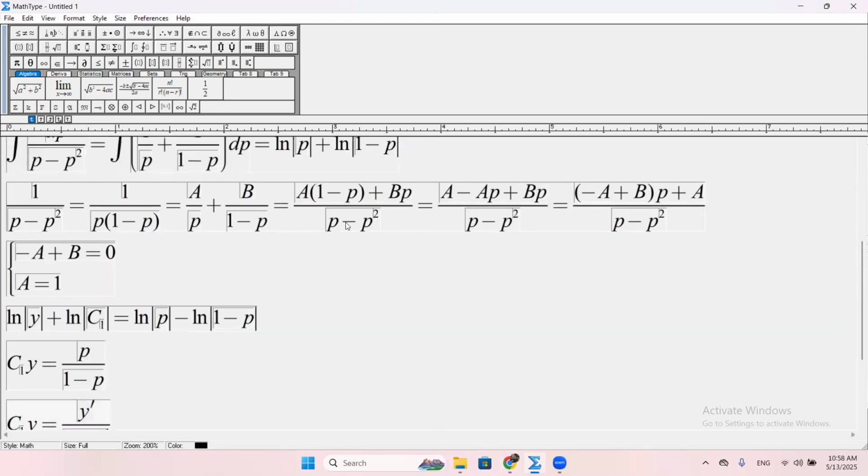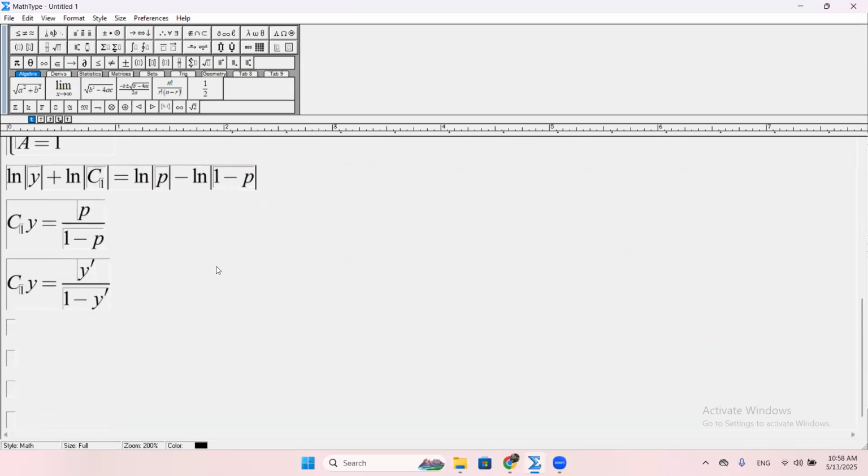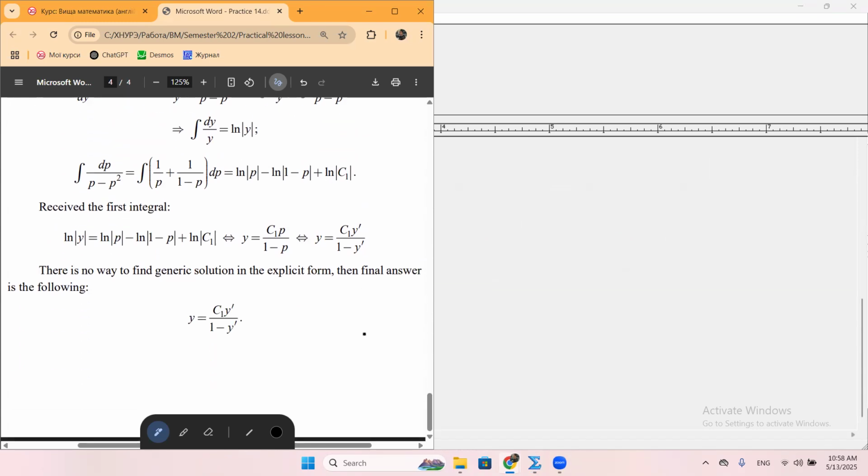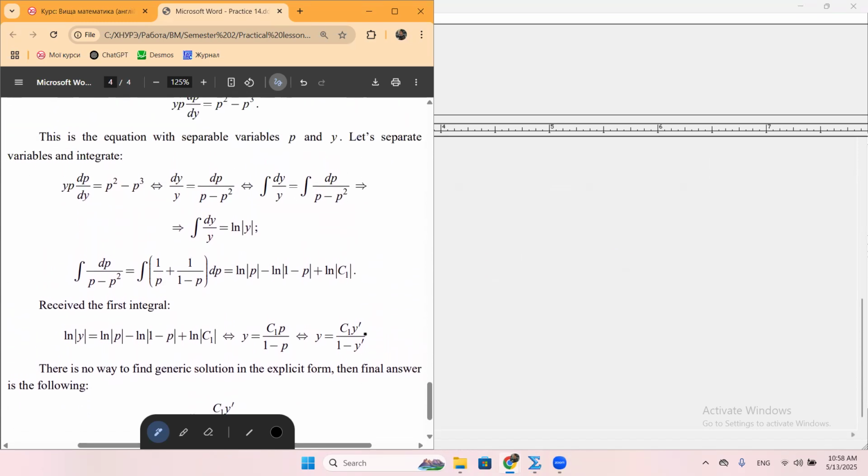I forgot about this minus before p. So we cannot really find the general solution in explicit form, but let me check.